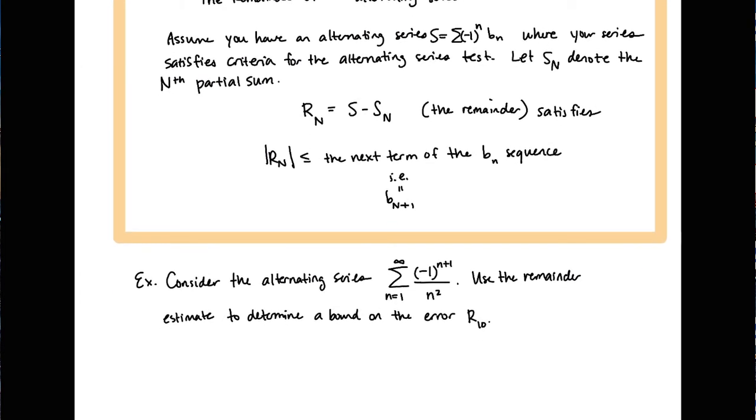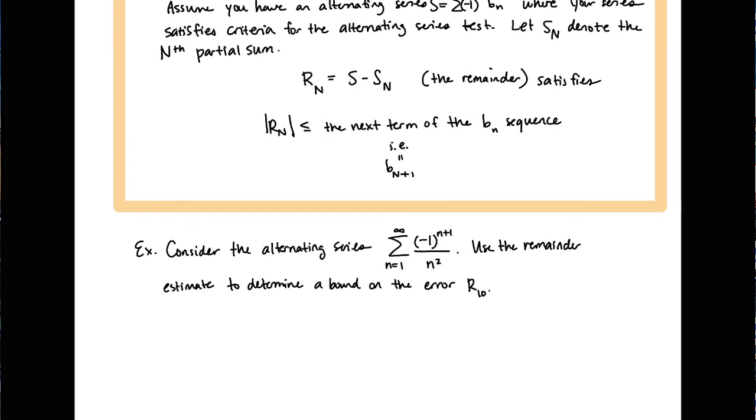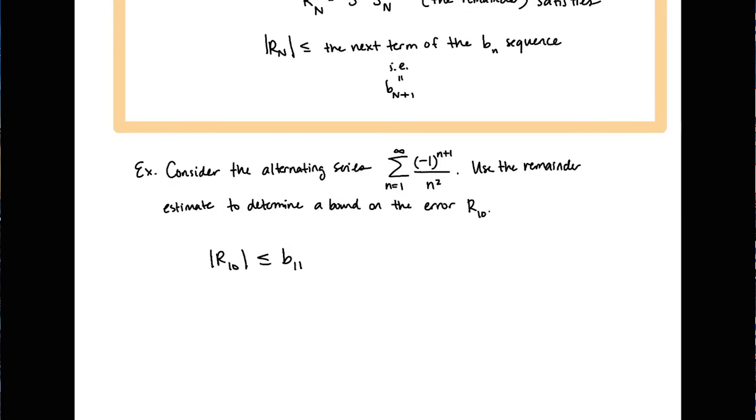So let's calculate the remainder estimate. Let's consider the alternating series (-1)^(n+1) over n squared, and we're going to use the remainder estimate to determine a bound on the error of R sub 10. So we'll find the 10th remainder. Okay, so from our theorem above, R sub 10 must be less than or equal to b sub 11, which is equal to 1 over 11 squared.